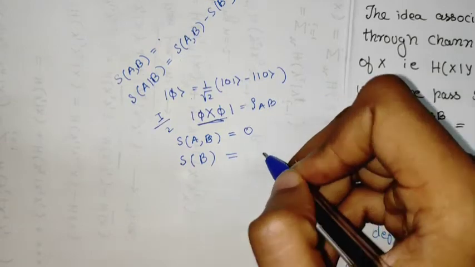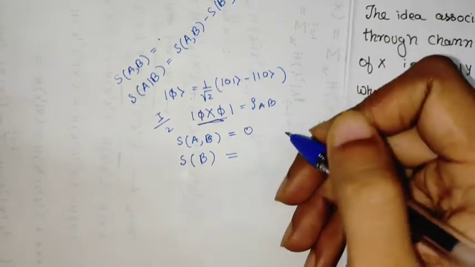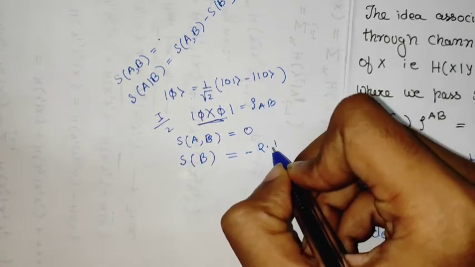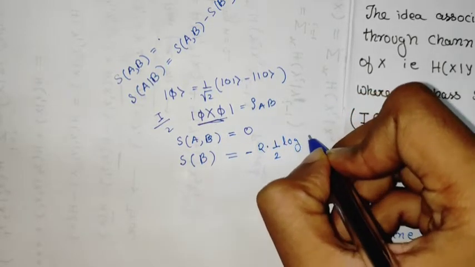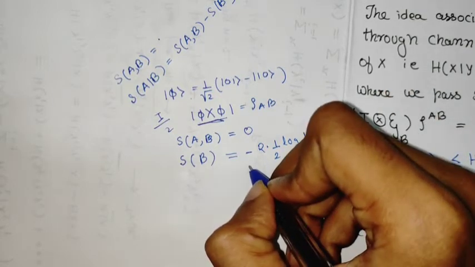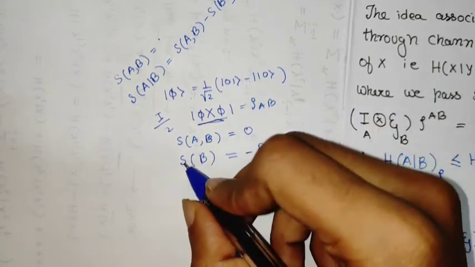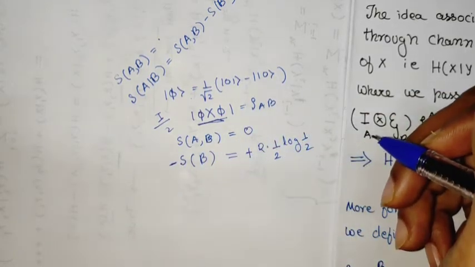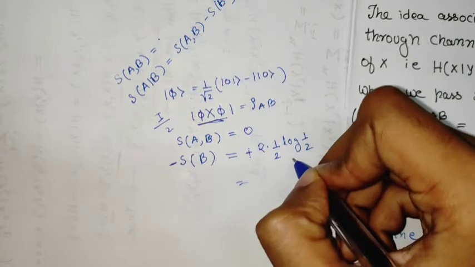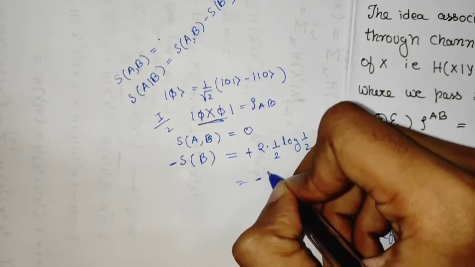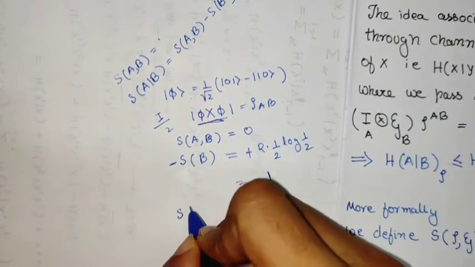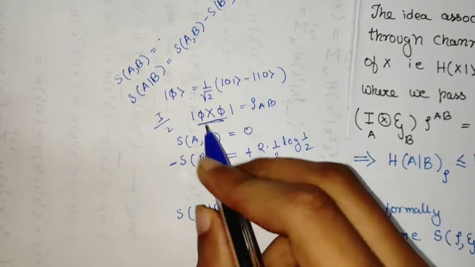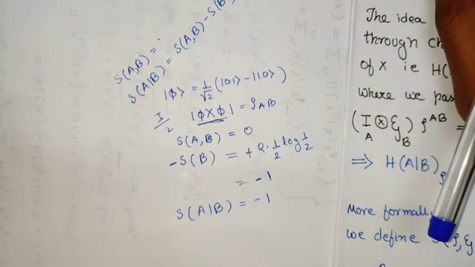And so the Shannon or the von Neumann entropy will be minus 2 times half log half. This is S of B, but this will be subtracted from S of A and B, so it will give us a plus sign. And so you see this quantity is minus 1. So S of A given B is minus 1 for this entangled state, that is a singlet state.